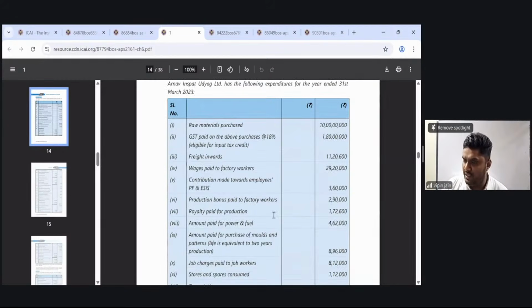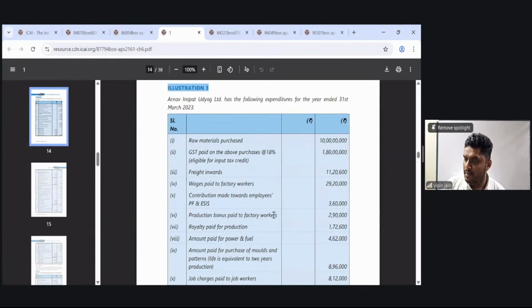I request you guys to open illustration number 3 of study material. For the students who have not yet received the study material, I request you to open the soft copy. I'm also sharing the screen for your reference. Those who want to take the screenshot can take the screenshot.